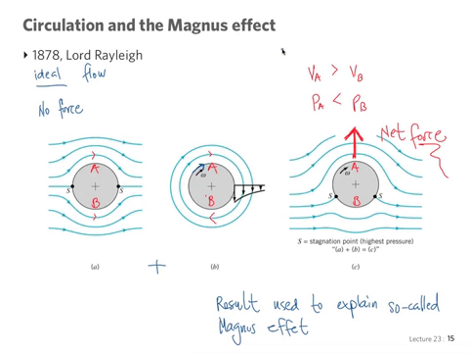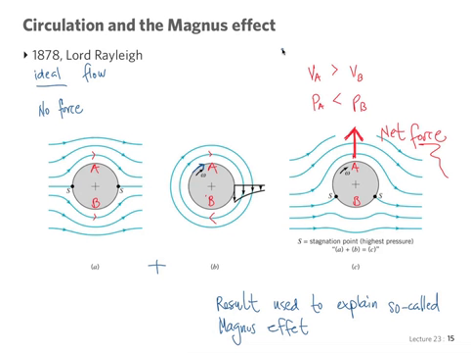But the interesting thing is that even within the context of ideal flow, we can explain the presence of a lift force. And this is good because it means that we can use some results from ideal flow, which are easy to obtain, to describe some of the things that we observed experimentally in terms of generation of forces in objects. Now, this is very important: a symmetric object, of course, produces no lift in general.